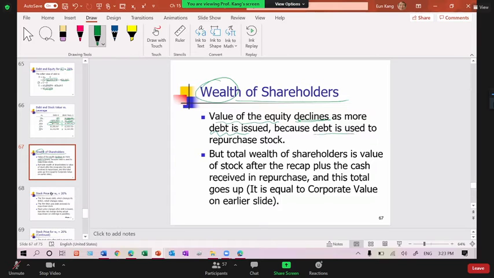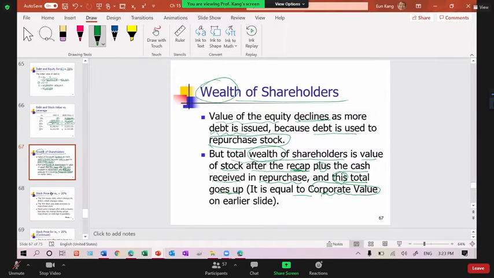Because debt is issued to repurchase stock, right? But total wealth of shareholders is the value of stock after the recap plus the cash received in repurchase. And this total goes up. And this is equal to corporate value on the earlier slide.